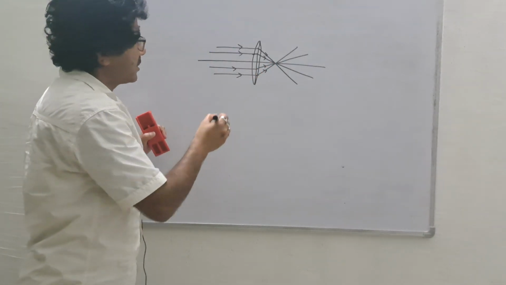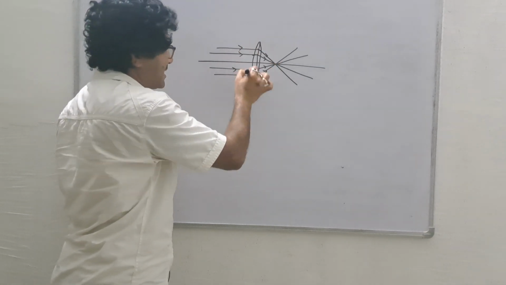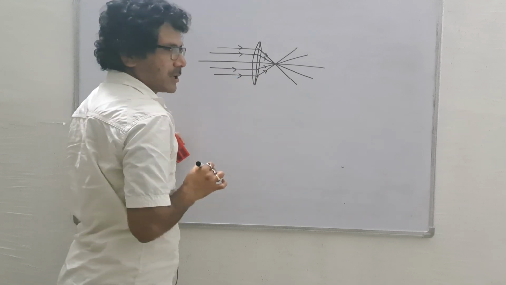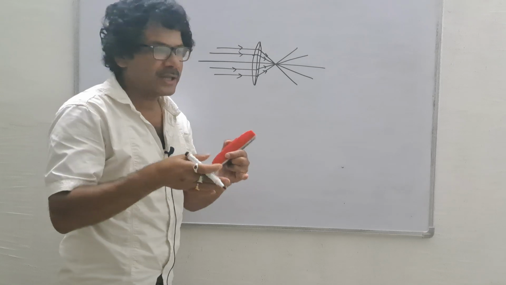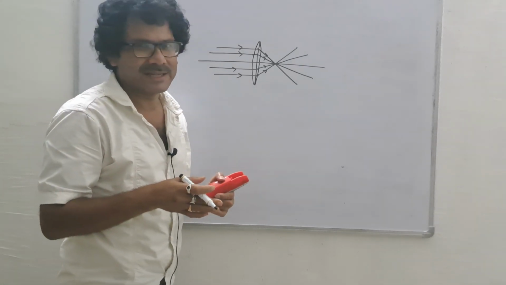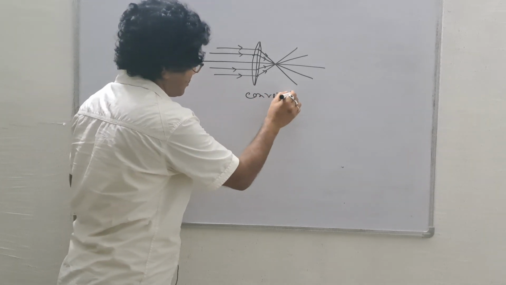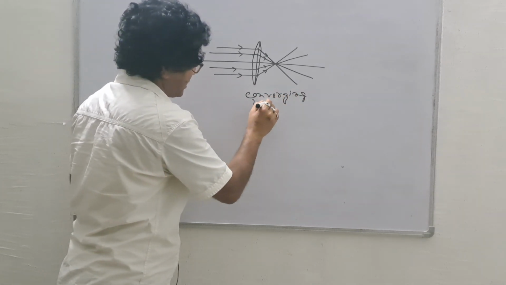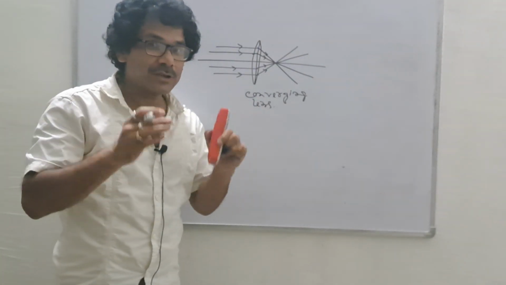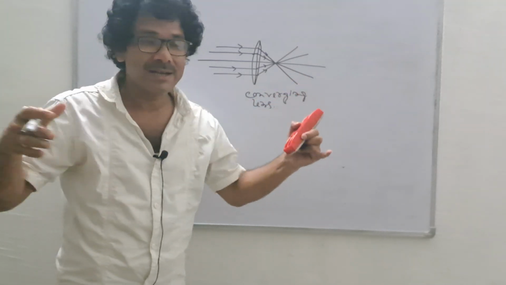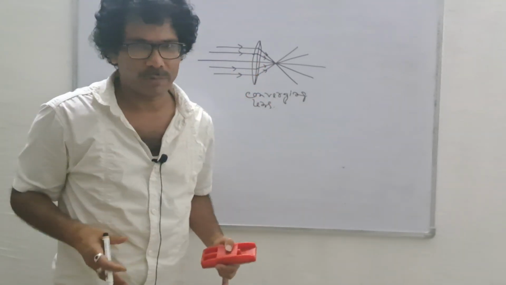That is, parallel rays of light passing through a convex lens are converged to a particular point. So a convex lens is also called a converging lens, because it converges parallel rays of light passing through it at a particular point.